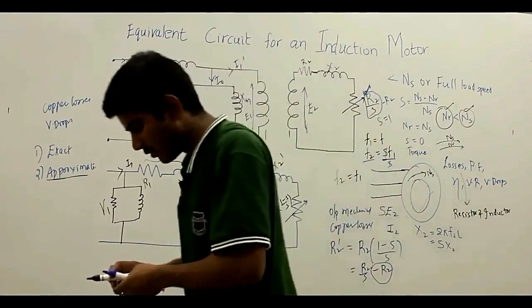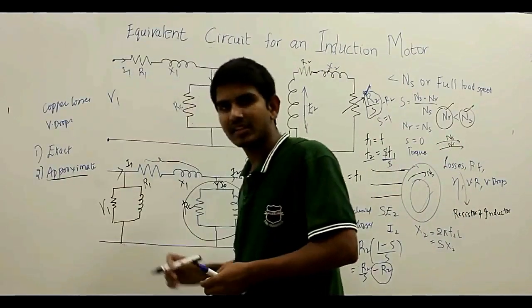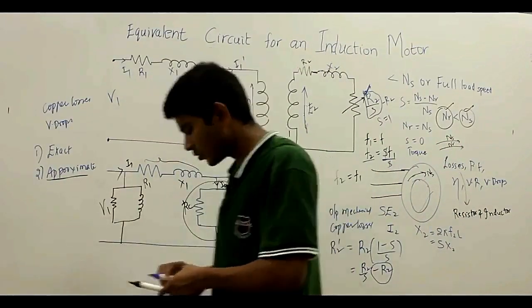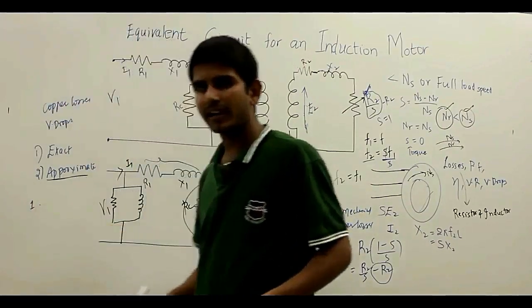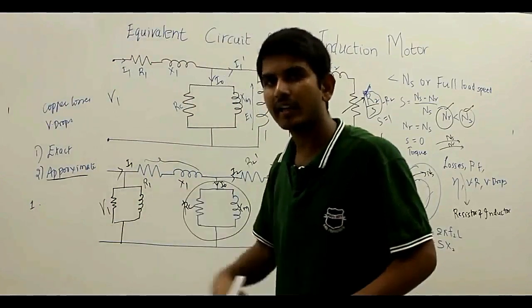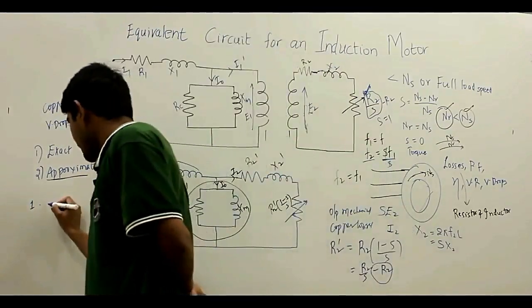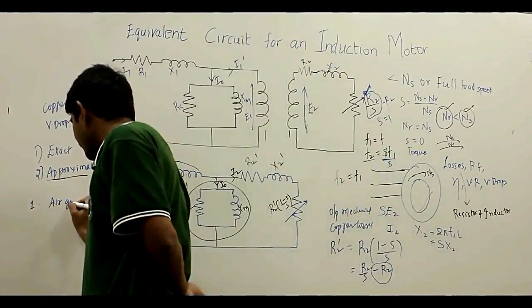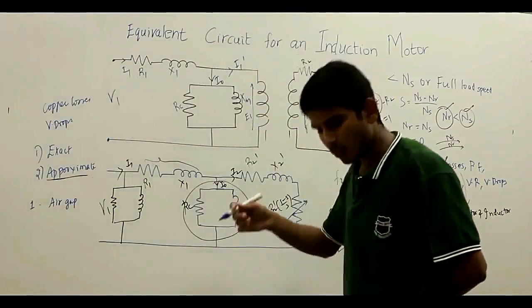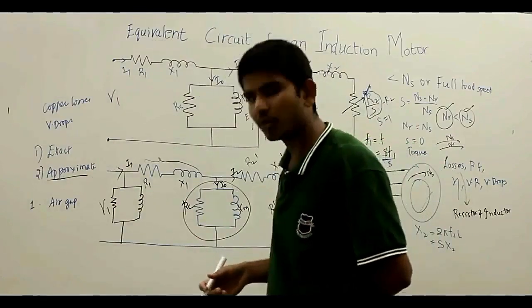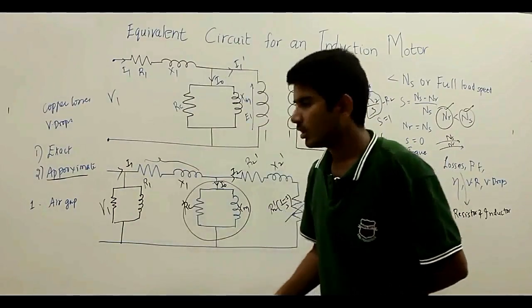So what are the reasons for not considering this approximate model? The first reason is that the magnetic circuit of an induction motor has an air gap, unlike the continuous core in your transformer, which gives a low reluctance path for the mutual flux.